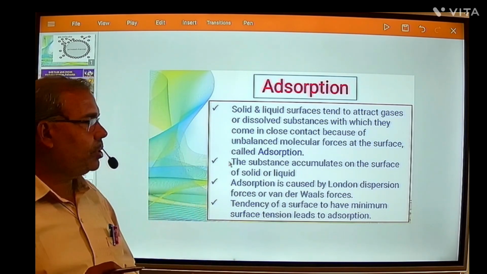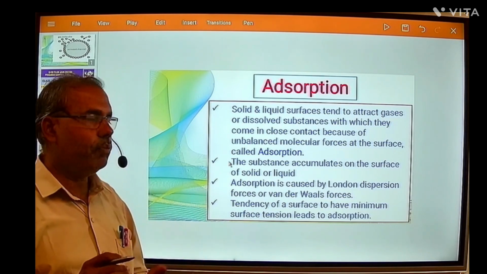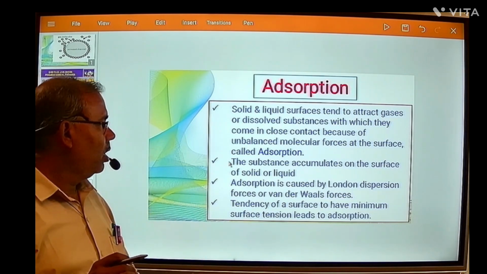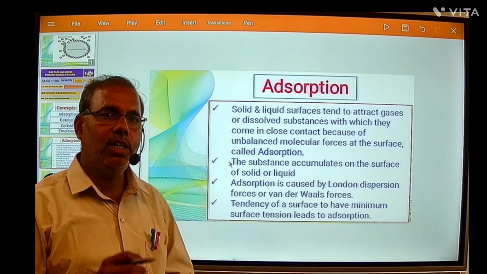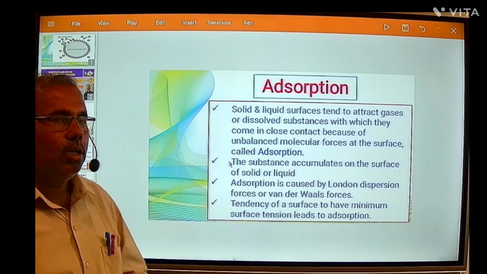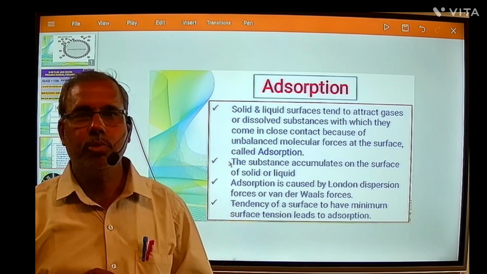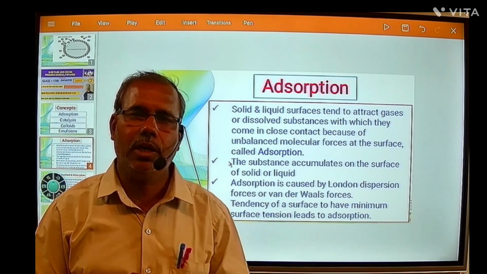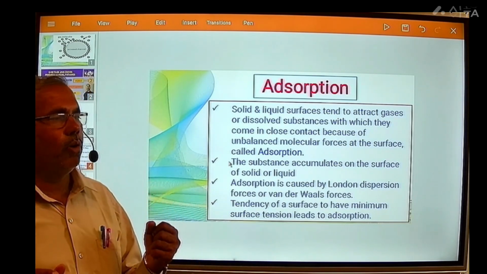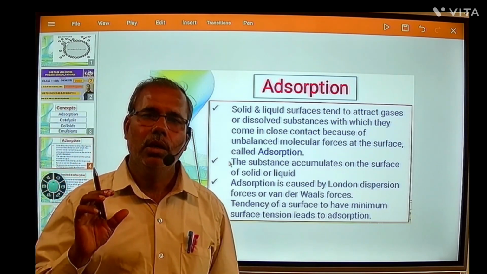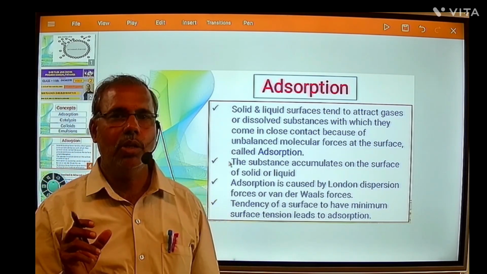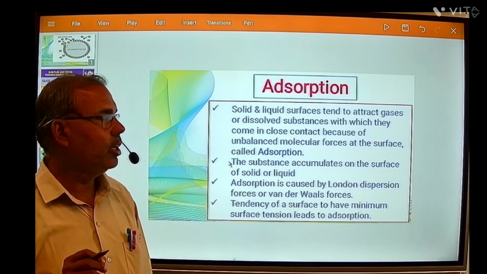These are also known as London dispersion forces or Van der Waals forces. These weak forces of attraction are responsible for accumulation or deposition of the smaller molecules on the surface of liquid or solid.